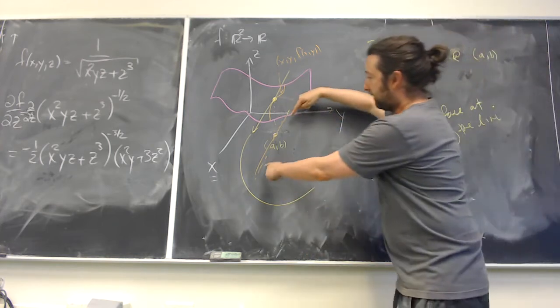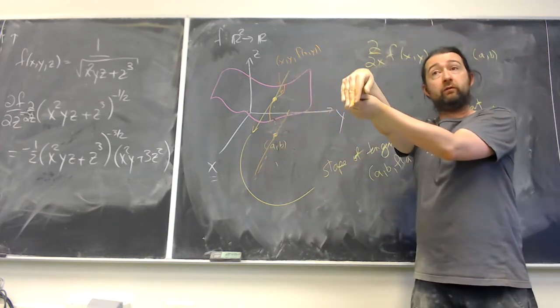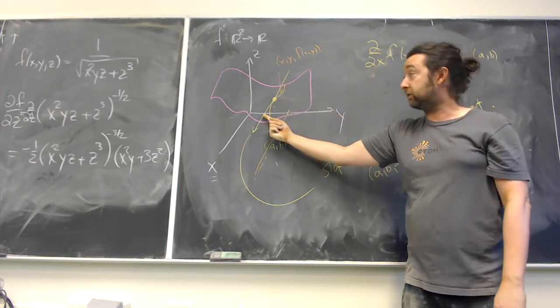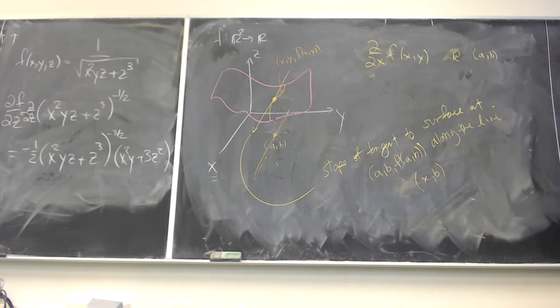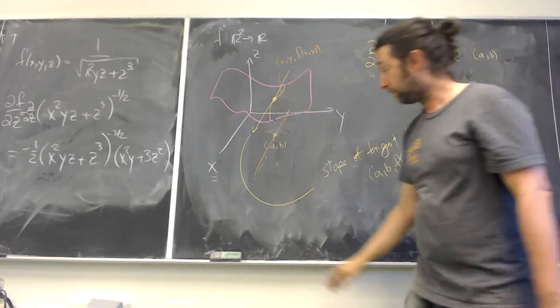Exactly what I drew. You take a line, you look at what happens to it up here. It's just going to be some curve. It has an actual tangent line. There it is. So the partial derivative is the slope of a tangent line. It's just a specific slope of a tangent line, this one in this direction.